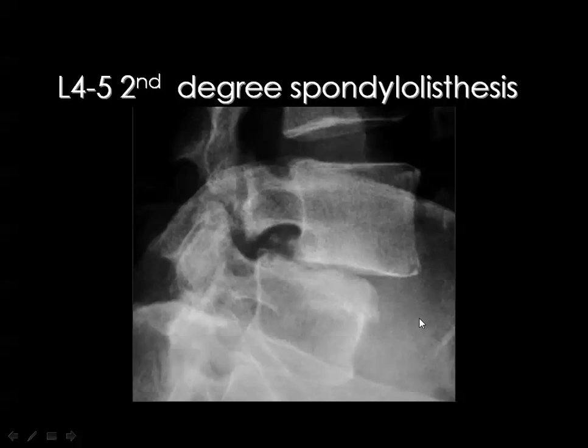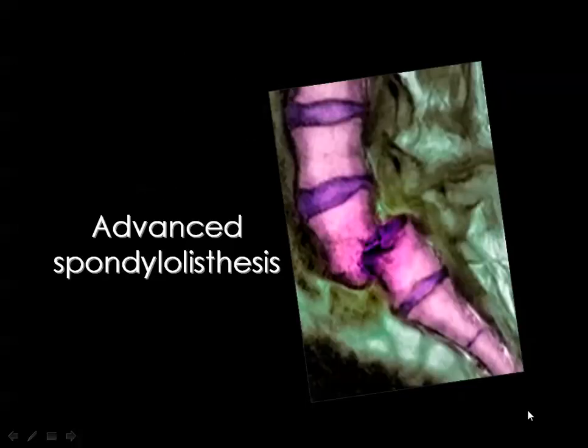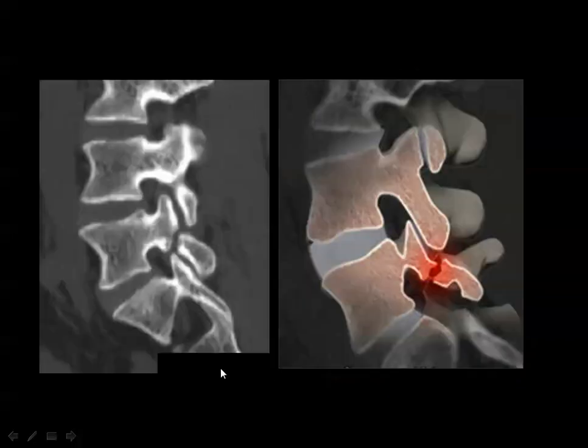You don't need the oblique views, and you can see this is the region of the pars interarticularis which is broken, and the vertebra has moved more than a quarter of the vertebra below, and this is what we call the second degree spondylolisthesis. And this is a severe degree of spondylolisthesis approaching stage 4.